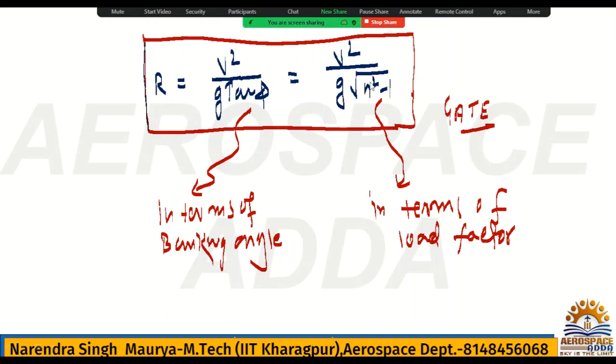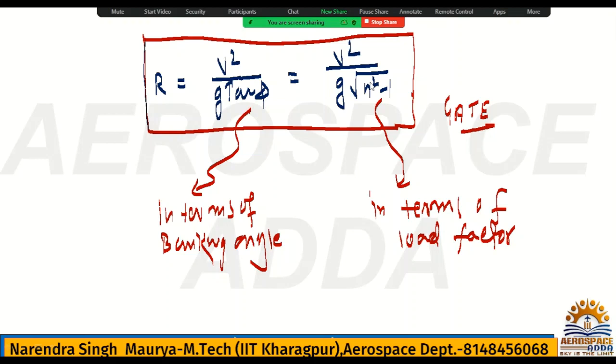You have seen R. Now we'll calculate the time required to turn the aircraft. Suppose they tell you the angle, and for that you have to calculate the time. Third will be the rate of turn. So better we'll go for the rate of turn first, then we'll go for the time required to turn.